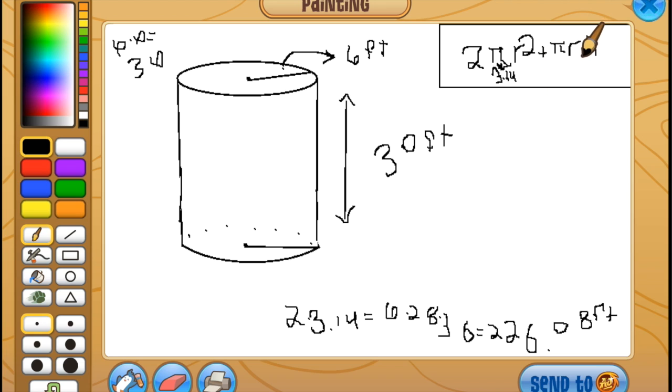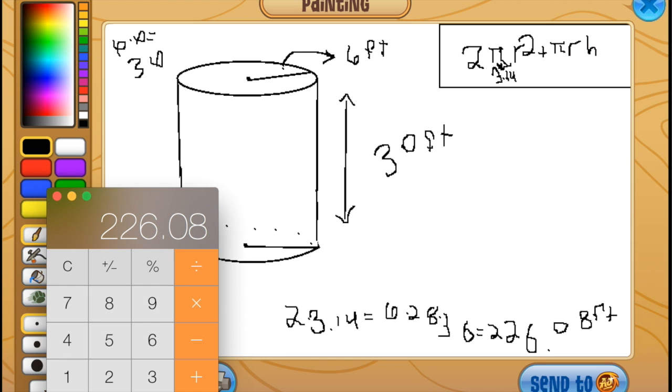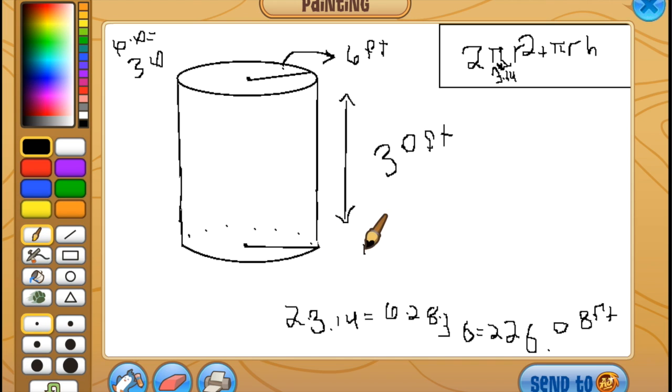We have pi rh. What does that mean? That means that we are multiplying 3.14 times the radius, which is 6 feet, right? Because pi times r, and our radius is 6 feet, and for pi we're using 3.14. So 3.14 times 6 is 18.84.